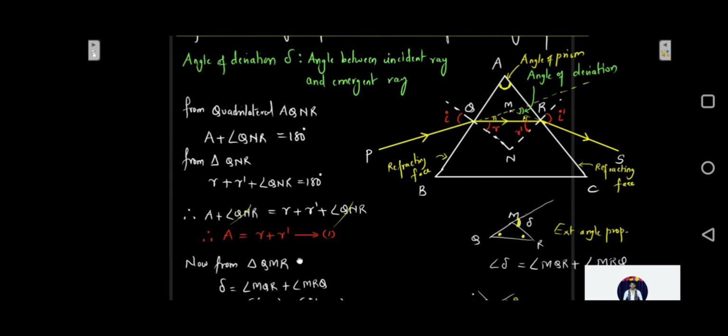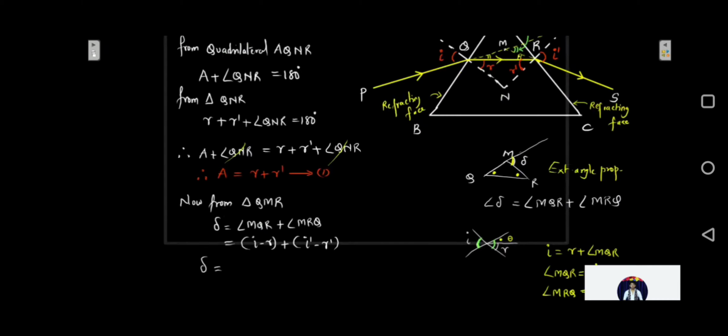So I minus R is deviation at the first face, plus, similarly, this angle MRQ is the deviation at the second face.